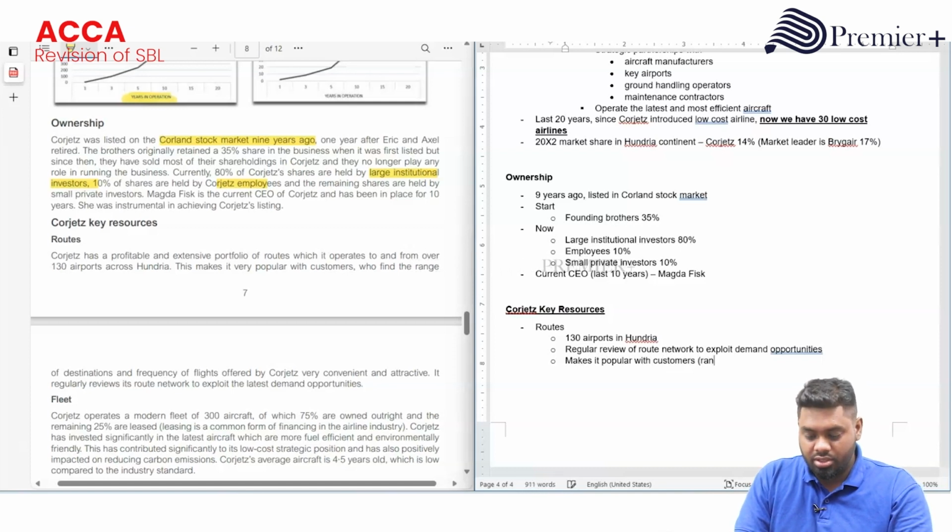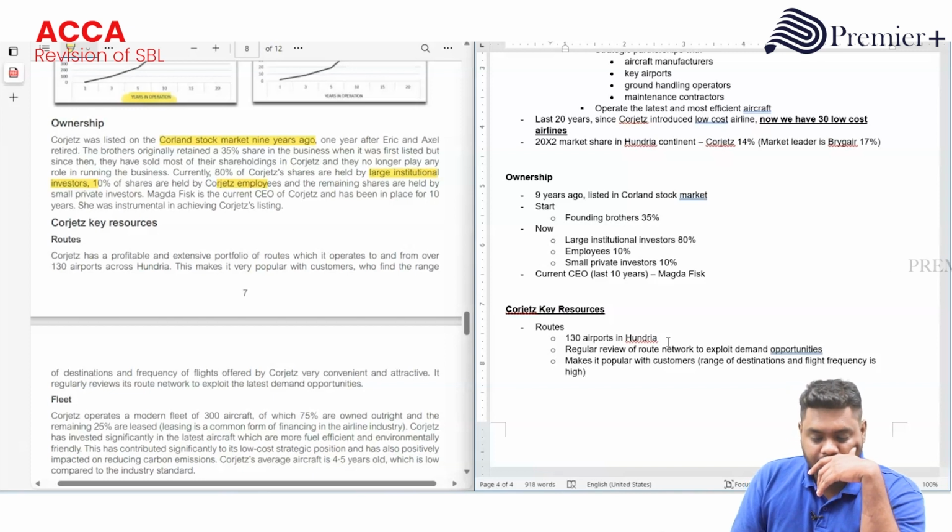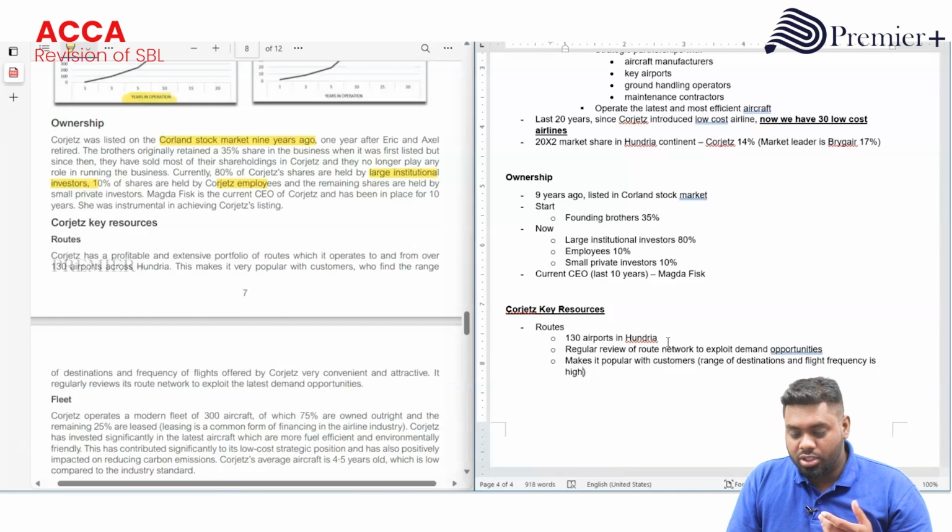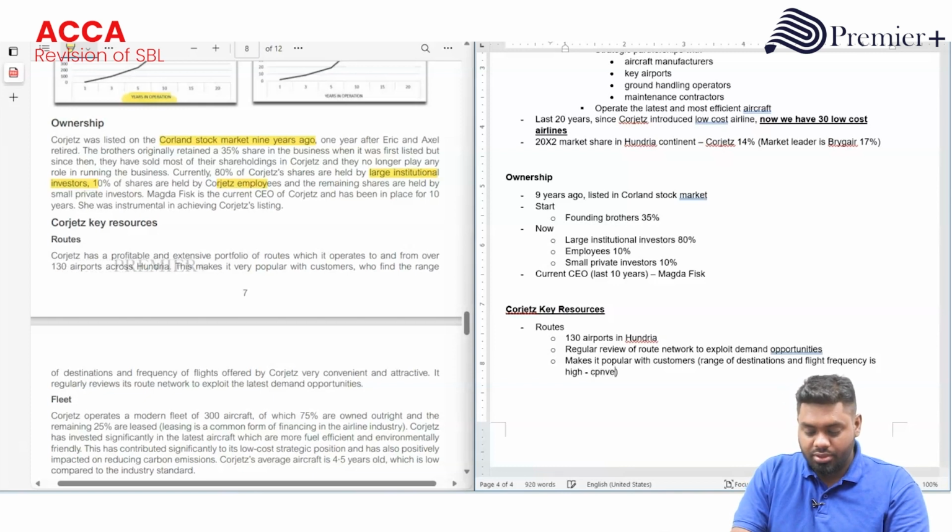Why? Range of destinations and flight frequency is high, causing it to be more convenient and attractive. Convenient and attractive. I want to mention that, but you have to keep that in mind.